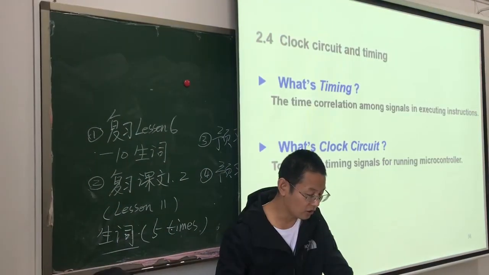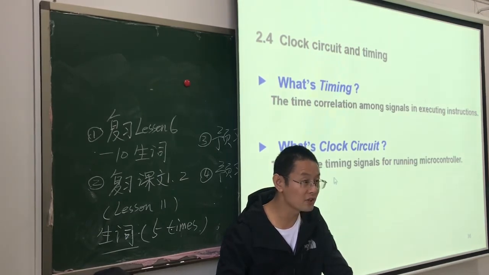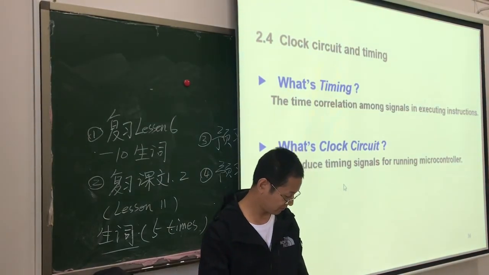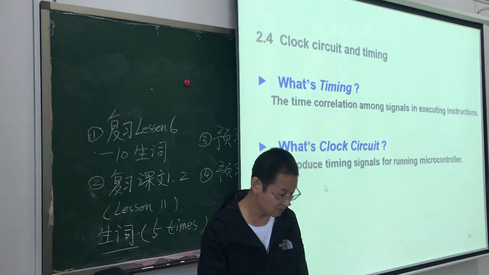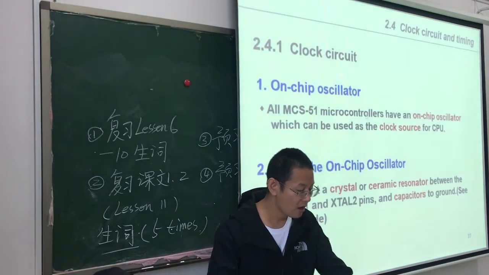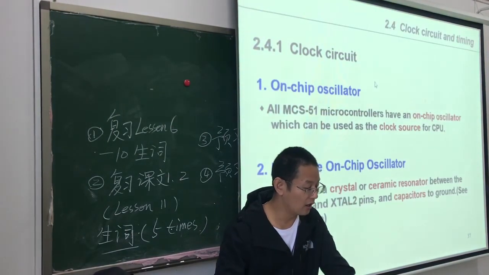What is a clock circuit? It produces time signals for running the microcontroller. For the clock circuit, use an on-chip oscillator or an external oscillator.